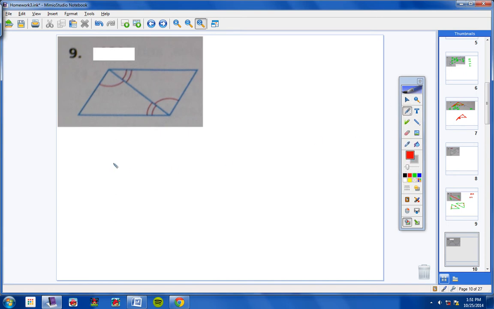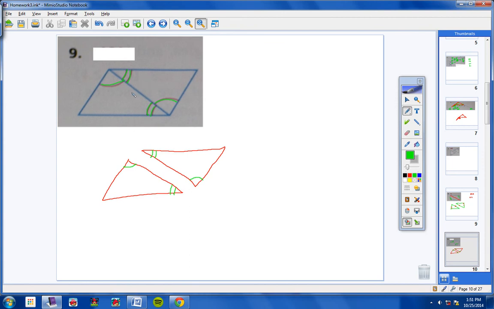Now I think it would help us to split these two triangles up. So there's one triangle, and here's the other triangle. Okay? Now we're going to put this angle here, which is this angle here, congruent to this angle here, which is this angle here. Okay? And this angle here, which is this angle here, congruent to this angle here, which is this angle here.